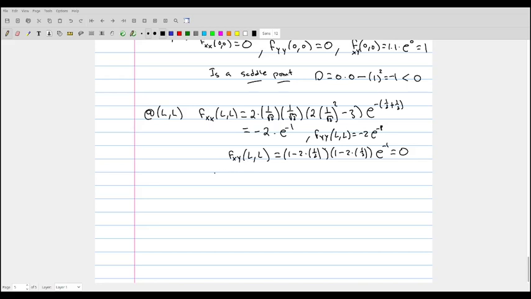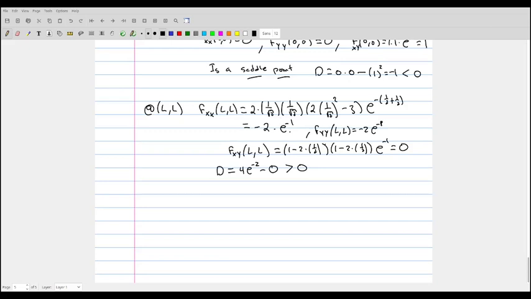So the discriminant for this critical point is going to be this value, fxx times fyy, which is 4 times e to the negative 2 minus 0, which is positive.